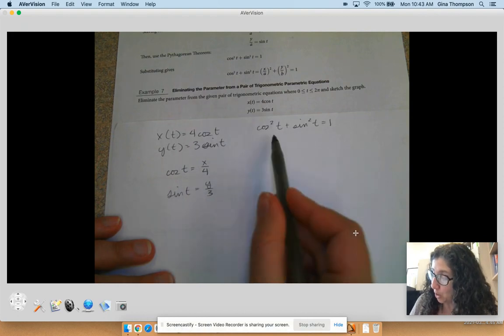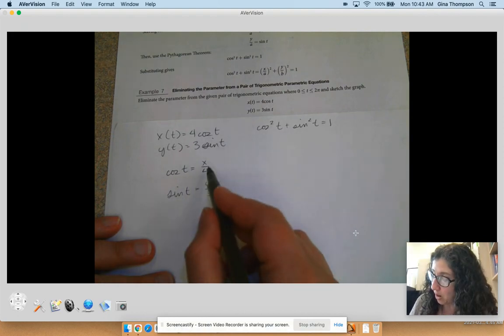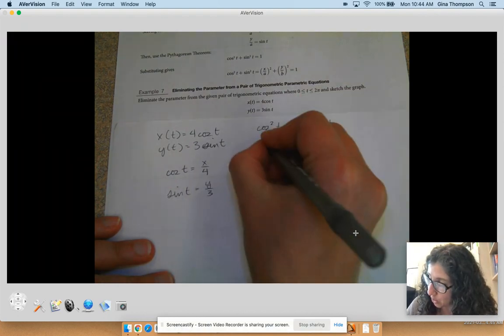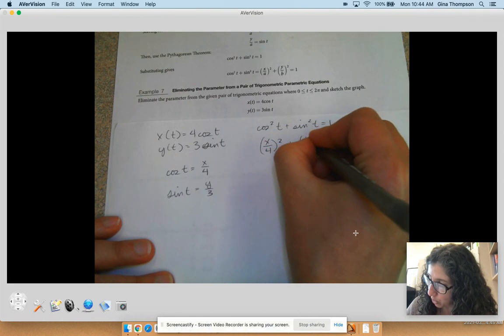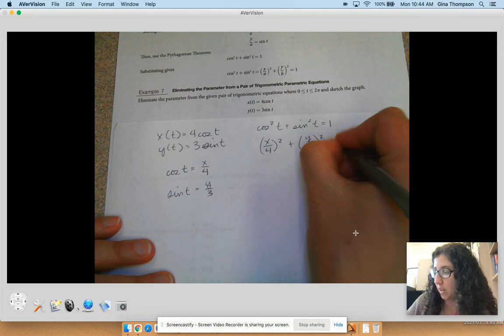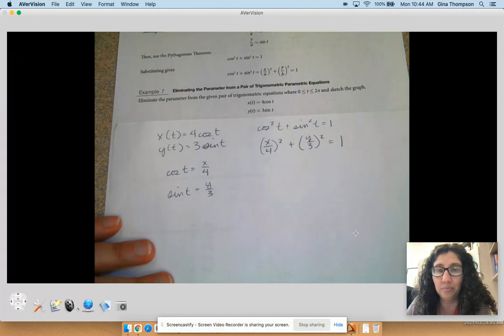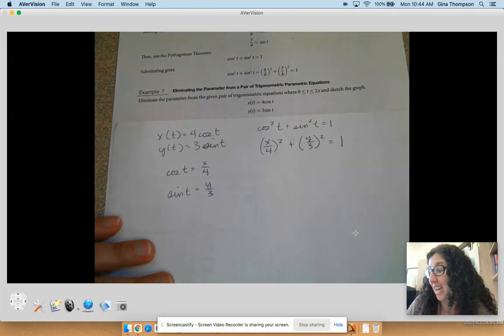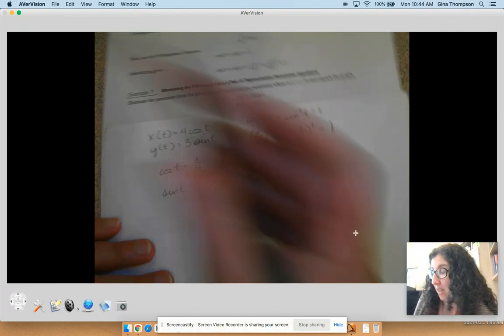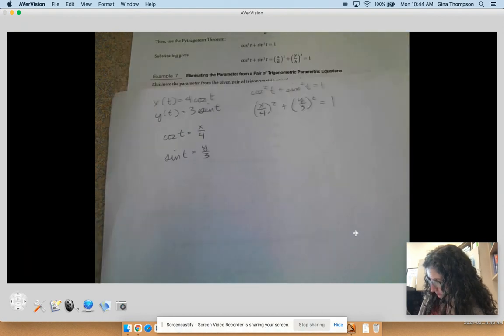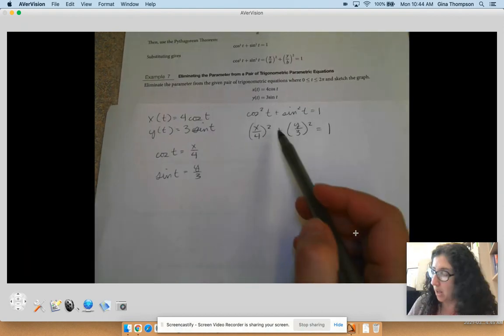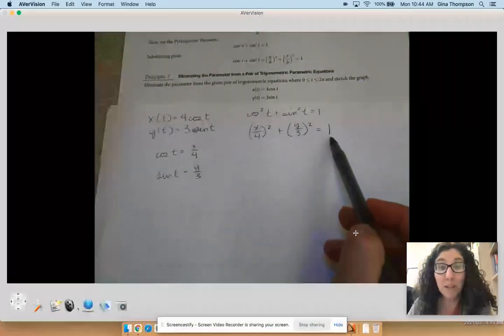Now I'm going to use this equation. Cosine squared is this. So I'm going to say x over 4 squared plus y over 3 squared equals 1. And hopefully this looks familiar. This is a staple. This is an ellipse.